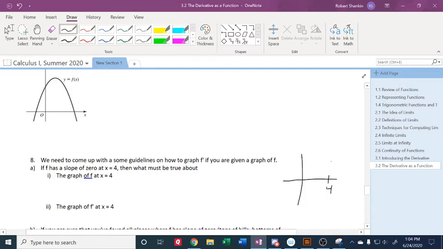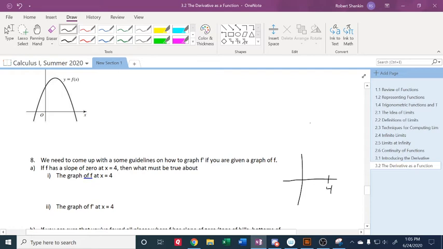Okay. The tangent line is parallel to the x-axis. And if the tangent line is parallel to the x-axis, what might be happening to the general graph of f? In the case of a parabola, it would be identifying a maximum or a minimum point.